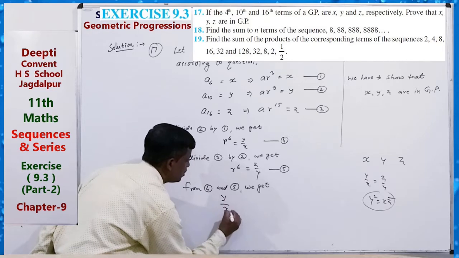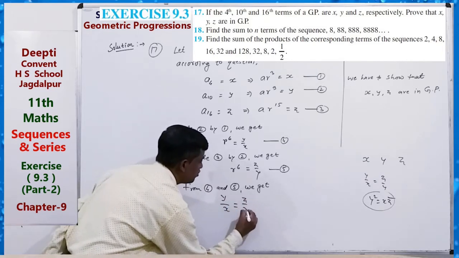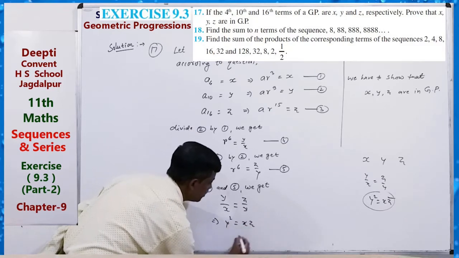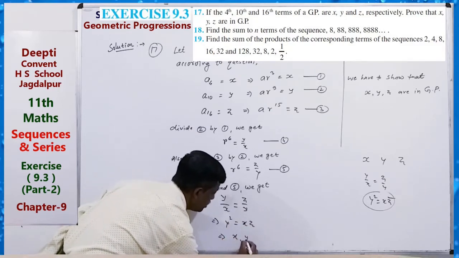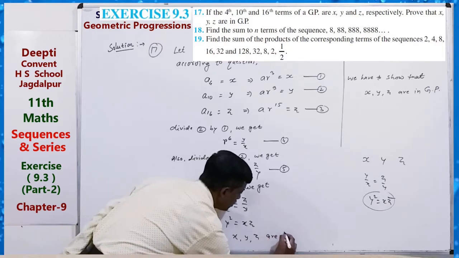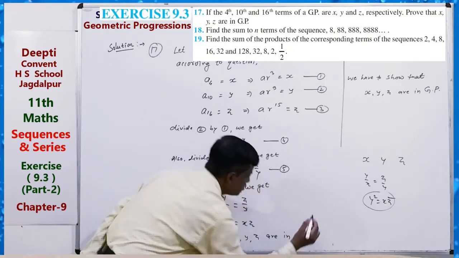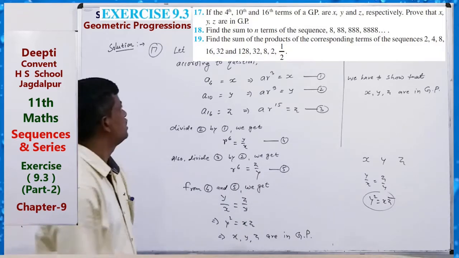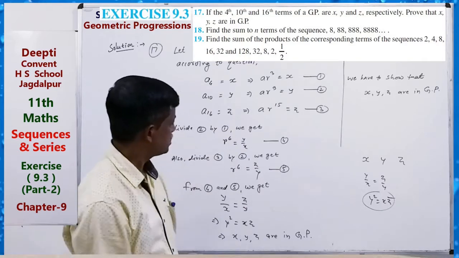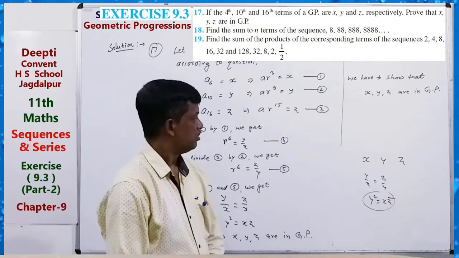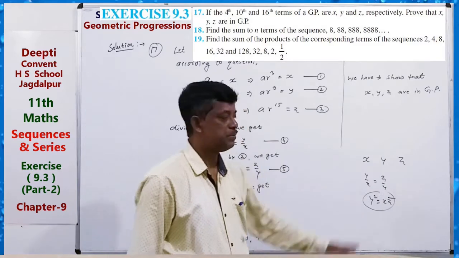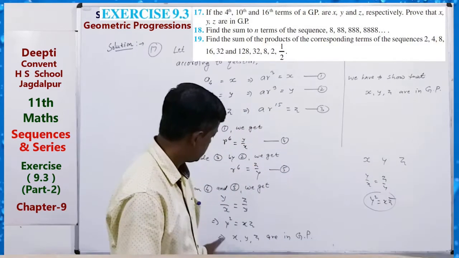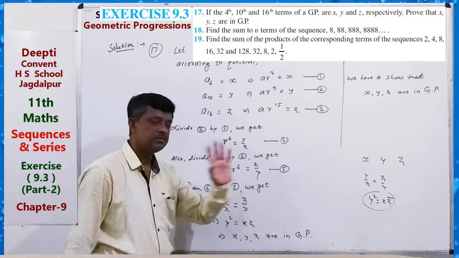Y by X equals Z by Y, which implies Y square equals XZ, which implies X, Y, Z are in GP. So by using the given relation you can prove this. For GP, just Y square equals XZ should hold.